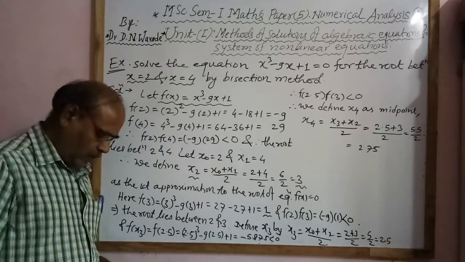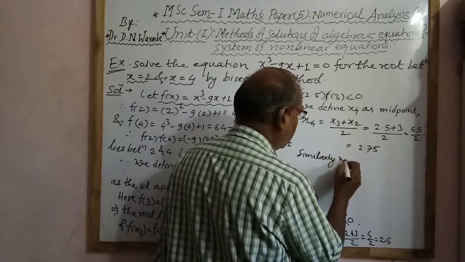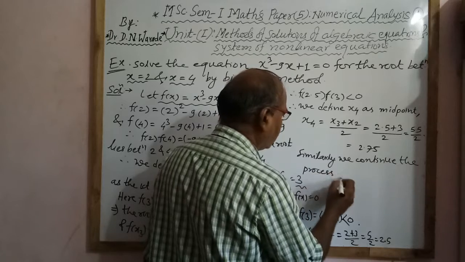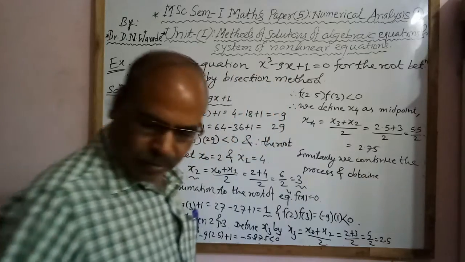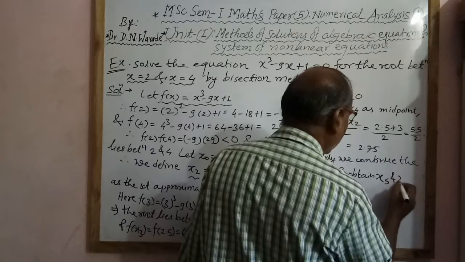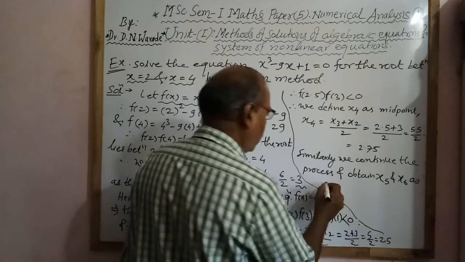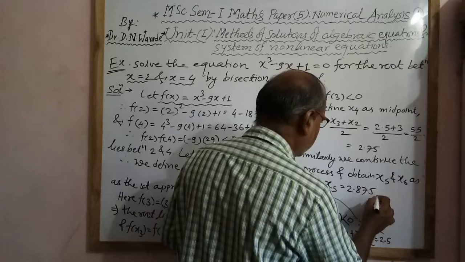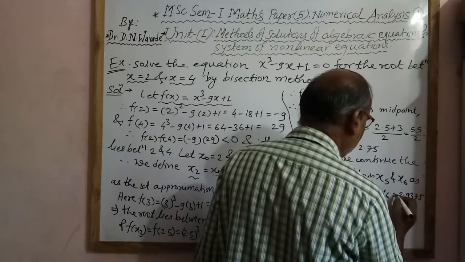Similarly, we continue the process and obtain x5 and x6 as x5 equal to 2.875 and x6 equal to 2.9375.